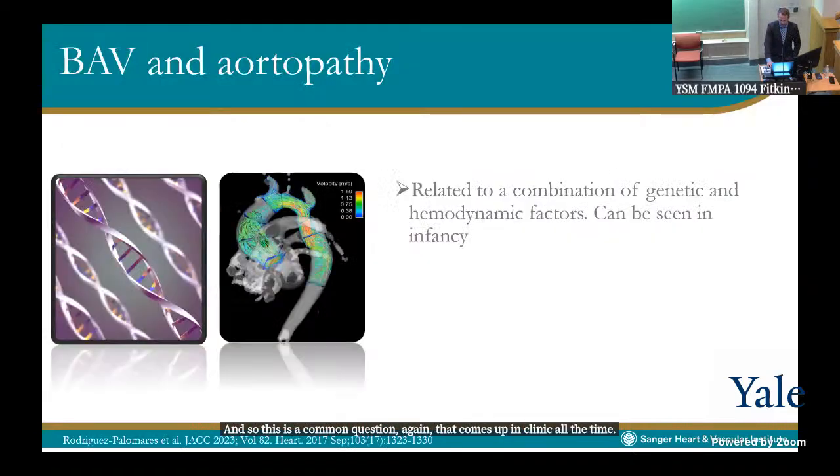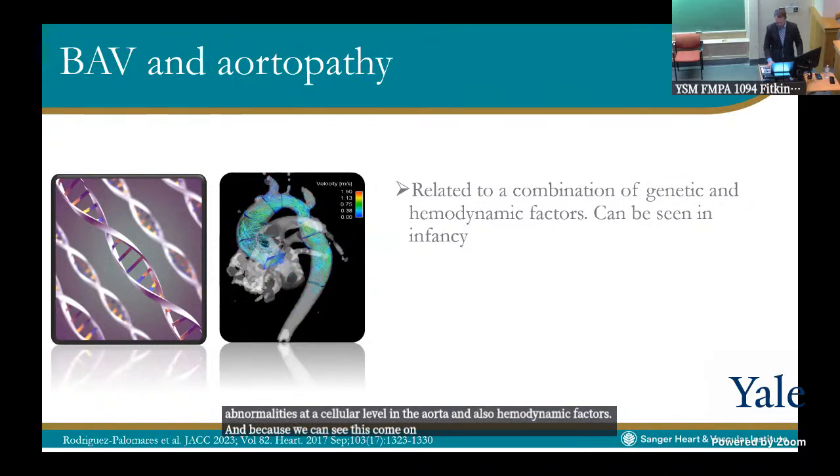And so, I think it's important to recognize that aortopathy in bicuspid valve is related to a couple of different factors. It's probably a combination of both genetic abnormalities at a cellular level in the aorta and also hemodynamic factors, because we can see this come on even in infancy.